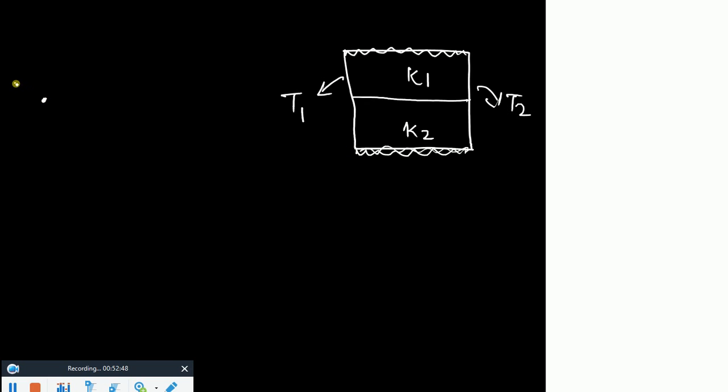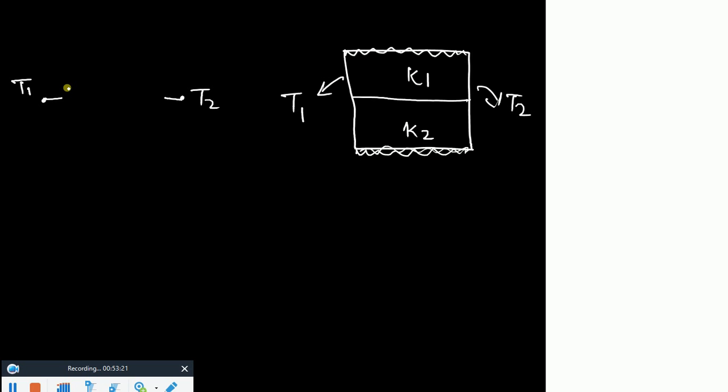Now tell me, you have T1 on this side and T2 on this side. What kind of thermal resistance combination would you have? At least you can identify there should be two thermal resistances. Remember that both of those thermal resistances have the same temperature difference across them. What kind of resistance combination would there be in an electrical circuit if you have the same voltage difference?